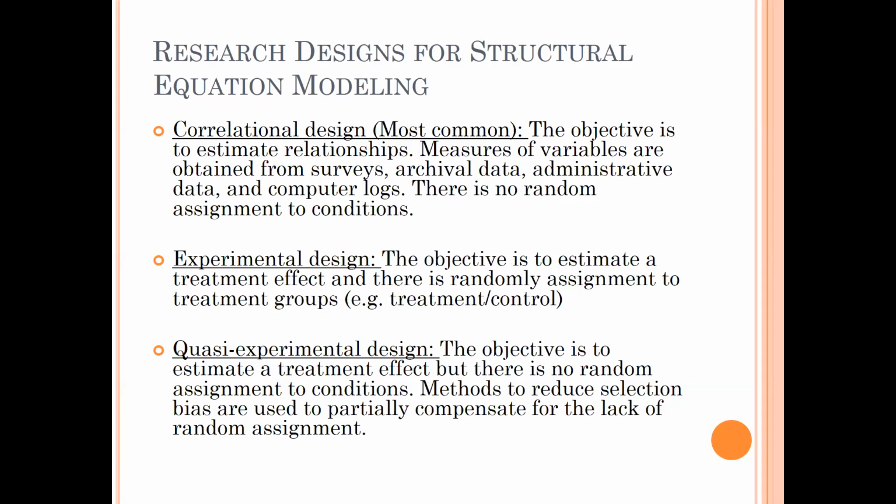Now, quasi-experimental design has the same objective as experimental designs. It is to estimate the treatment effect, but there is no random assignment to conditions. So here, methods to remove selection bias are used to compensate for the lack of random assignment. Now, how successful these methods are at removing selection bias depends on the method.